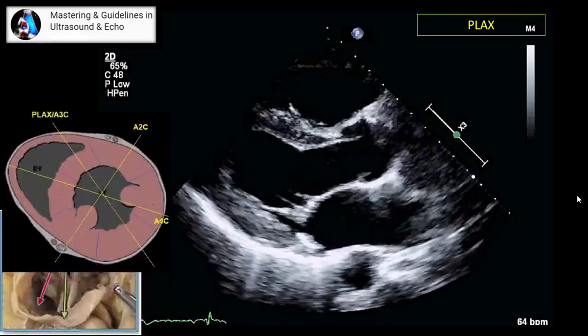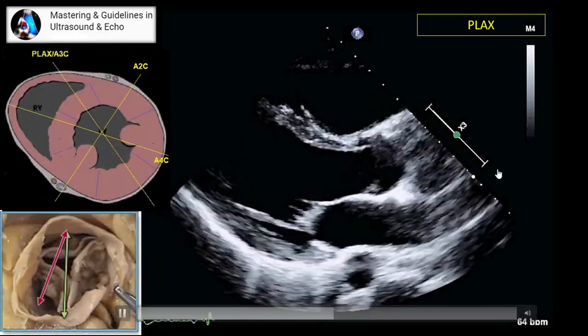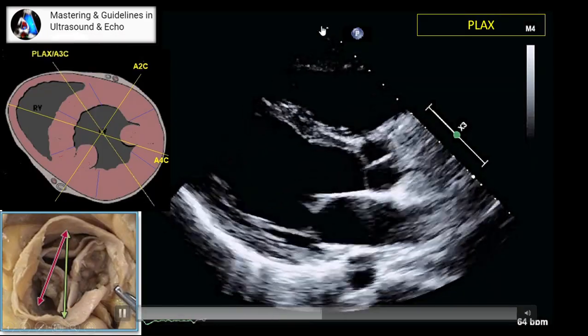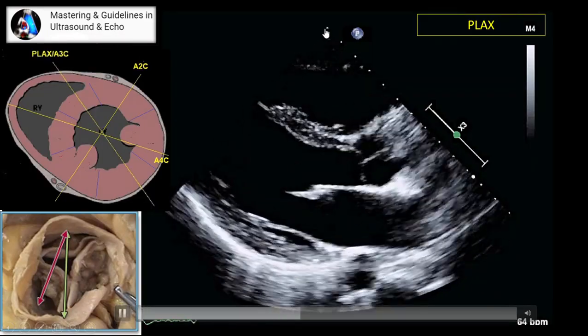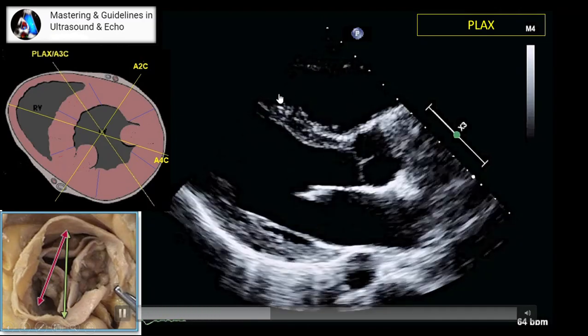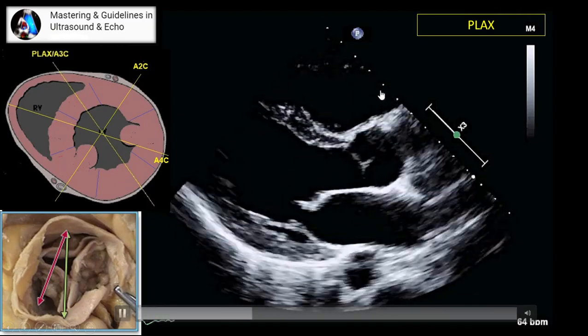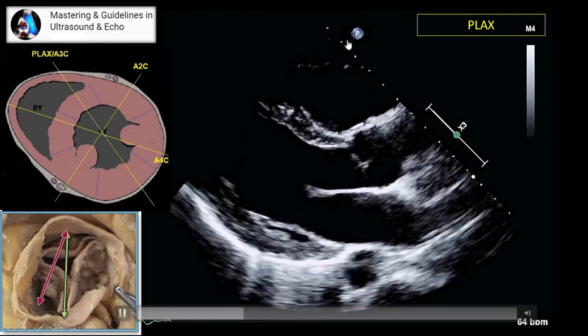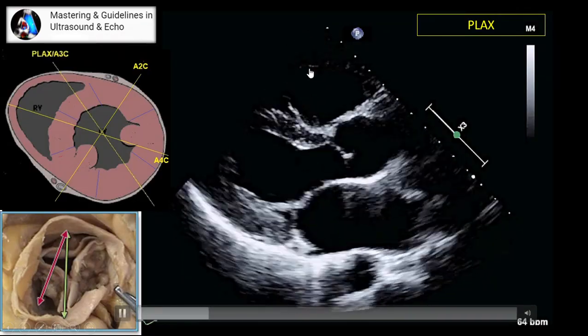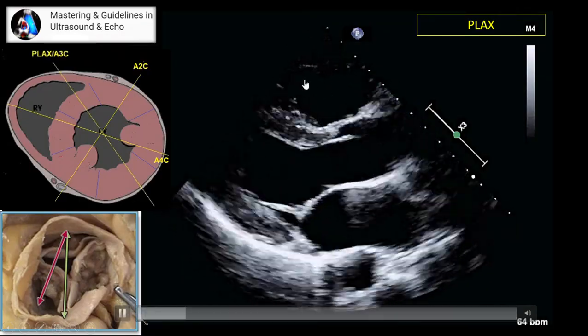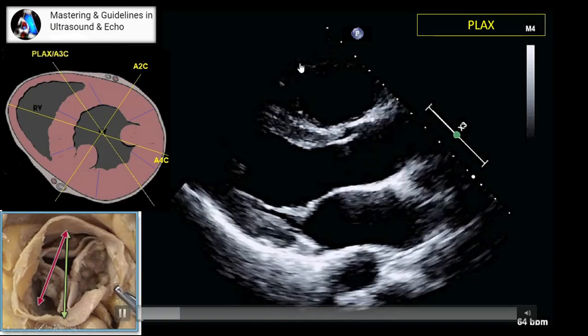As you know, a good PLAX view should have these features. First of all, the distance of the probe to the interventricular septum and the anterior wall of the aorta should be almost equal. If it's not equal, just with heel-toe we can fix this problem.